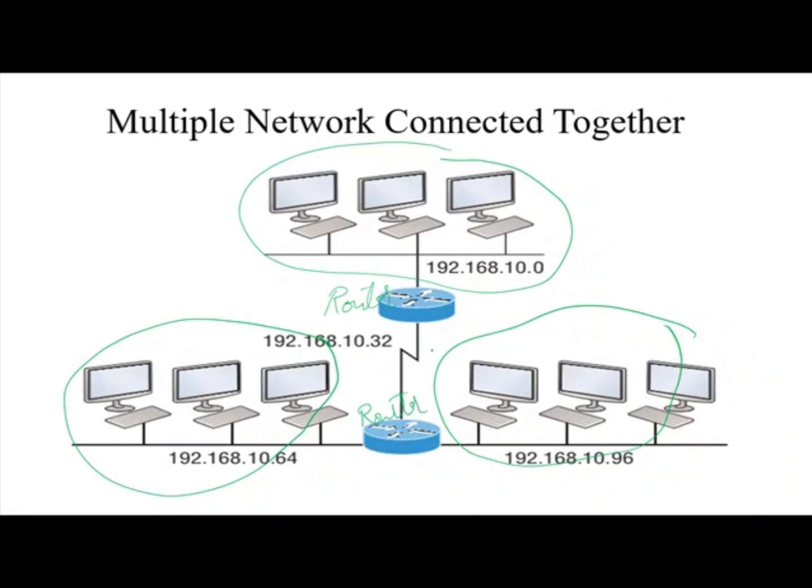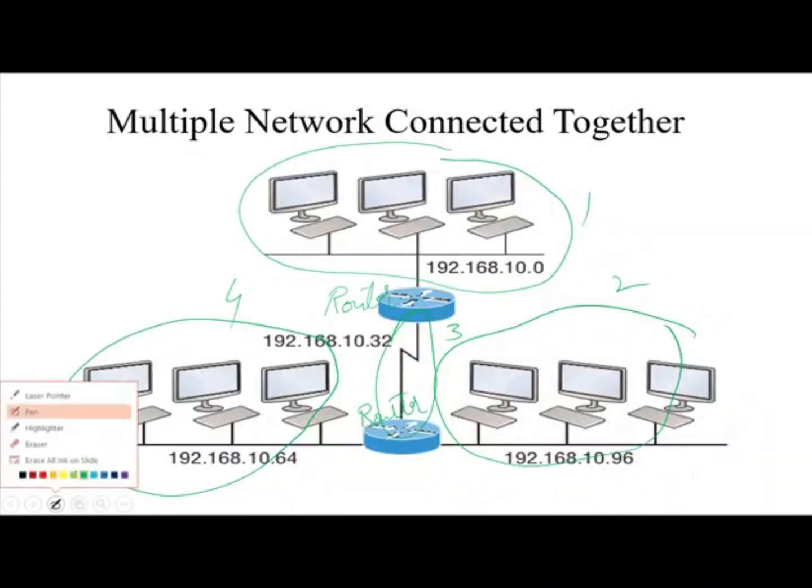So this is a router, and this is another network between two routers. So let's say 1, 2, 3, 4. Now that network is divided into 4 different networks depending on the organization's needs and requirements. And what they do is normally divide the IP address, subnet the IP address.